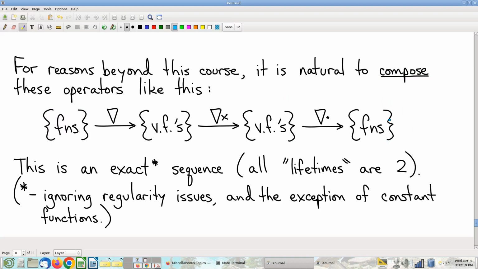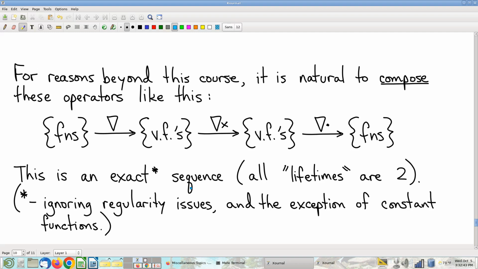The next thing I want to introduce is the idea of an exact sequence. I'm going to describe what an exact sequence is in kind of casual sort of terms. I'm going to do so with a particular metaphor that I find particularly satisfying myself. It's just a metaphor. Don't take it too seriously. But like I say, I find it very satisfying. So we're going to define what I call a lifetime.